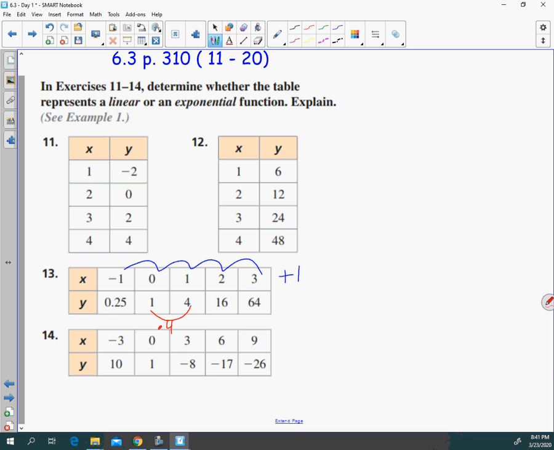And then just double check, are they timesing by 4 there? Are they timesing by 4 there? Yeah, right? So now that I found the pattern that way, go back and say, from there to there, is 0.25 times 4 1? And sure enough, it is. So that one tells me that everyone is timesing by 4, and so that's an exponential function. All right?